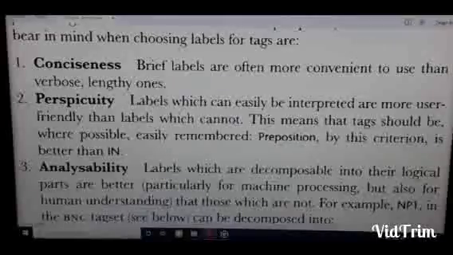Brief labels are often more convenient to use than verbose, lengthy ones. Second, perspicuity. Labels which can easily be interpreted are more user-friendly than labels which cannot. This means that tags should be, where possible, easily remembered. Preposition by this criterion is better than IN.